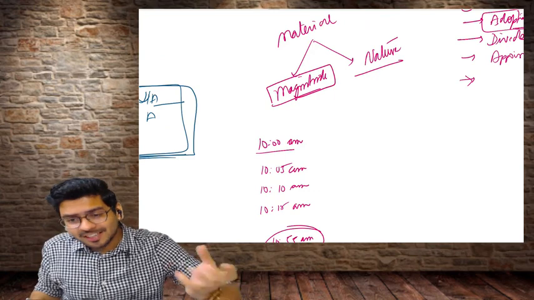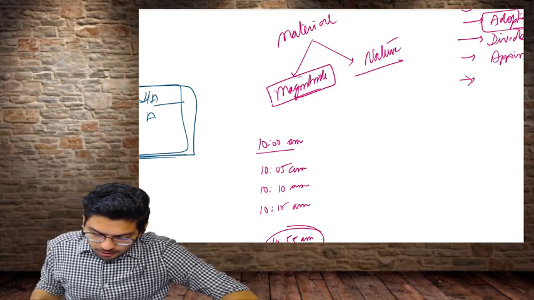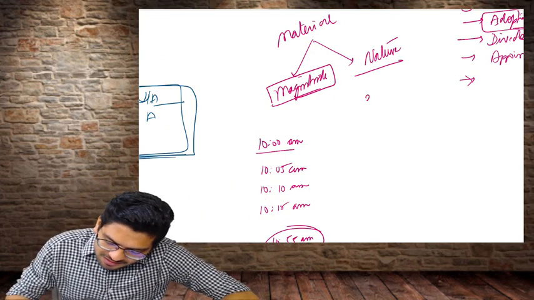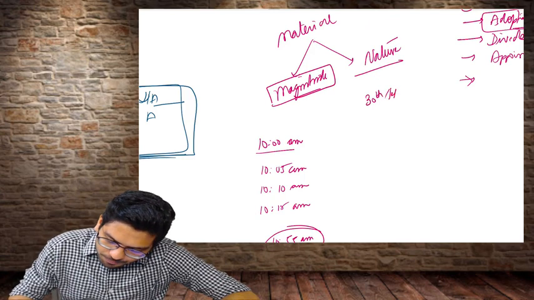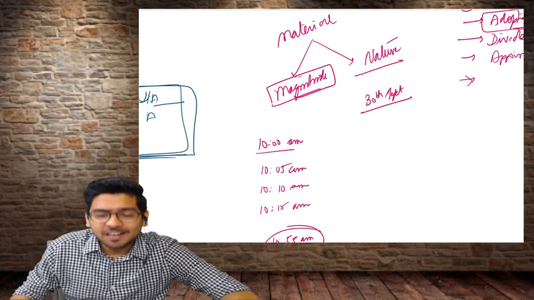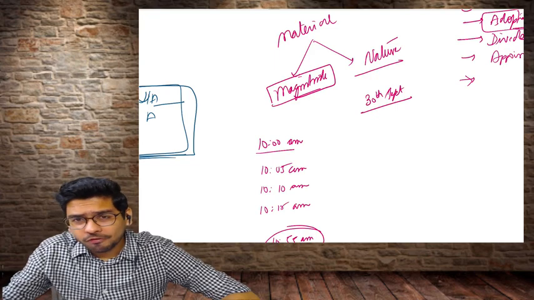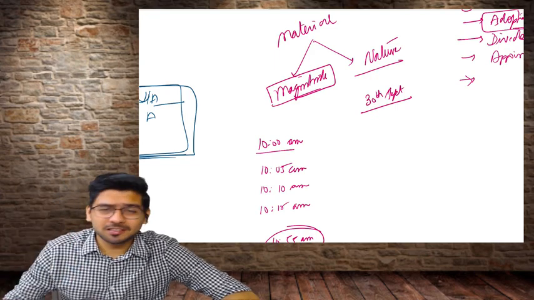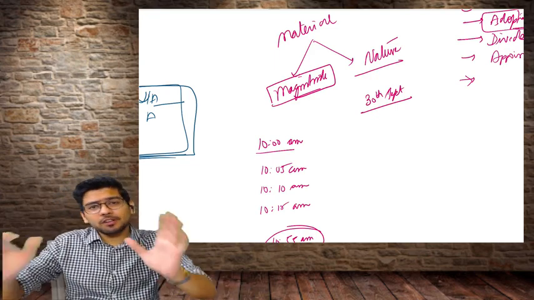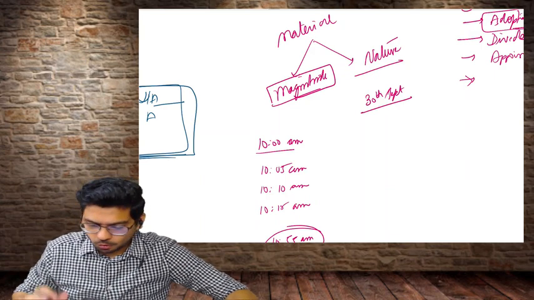But let's take one more example. Today is, let's say, 30th September. It is the last day for filing income tax returns, and we are still left with filing 10 returns. Today is the last day.